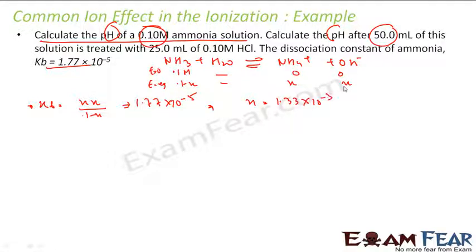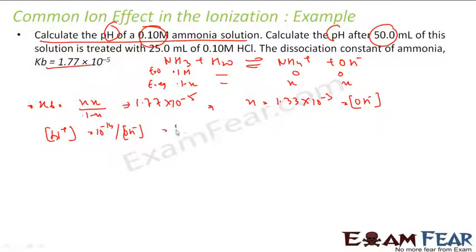And x is nothing but the OH minus concentration. But I have to find pH, so I have to find the H plus concentration. H plus concentration is 10 to the power minus 14 divided by the OH minus concentration, because H plus concentration into OH minus concentration is Kw.